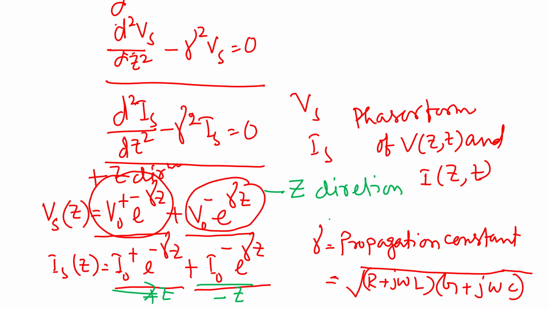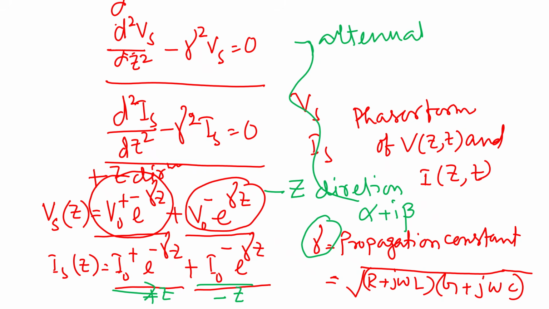This propagation constant gamma is a complex number which can be represented as alpha plus j beta, where alpha is the attenuation constant and beta is called the phase constant.